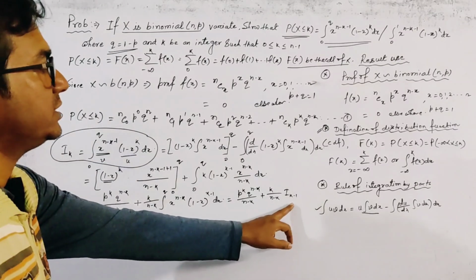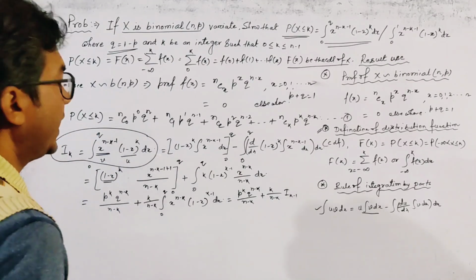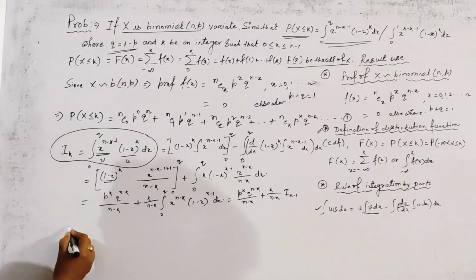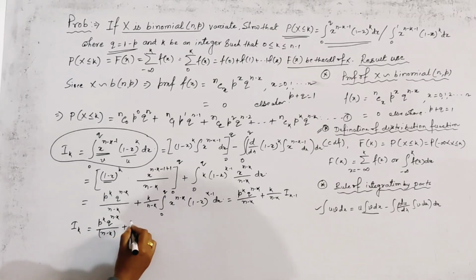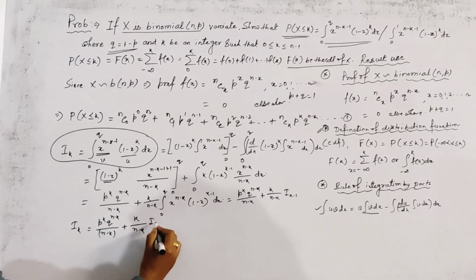Okay, so we write this result. And our recurrence relation we get here, I_k is given by p to the power k q to the power n minus k by n minus k plus k by n minus k into I_{k-1}.